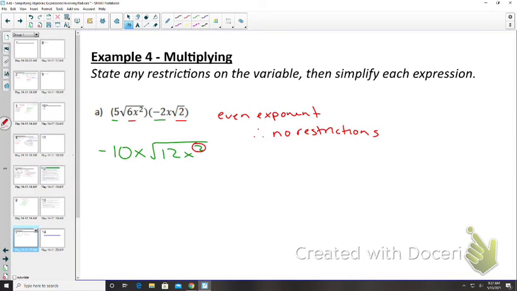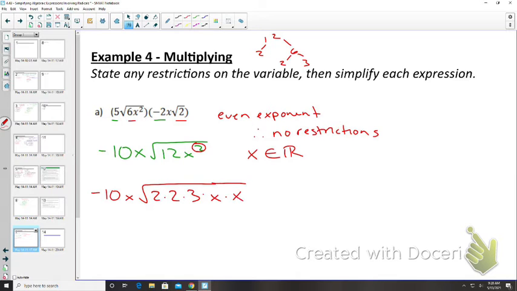So x is a set of the real numbers. Let's go ahead and simplify this now. Let's leave our negative 10x alone. And how do we get to 12? 2 times 6, and to get to 6 it is 2 times 3. So 12 will become 2 times 2 times 3, and x squared will become x times x.